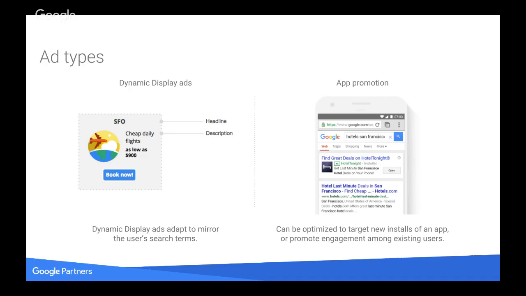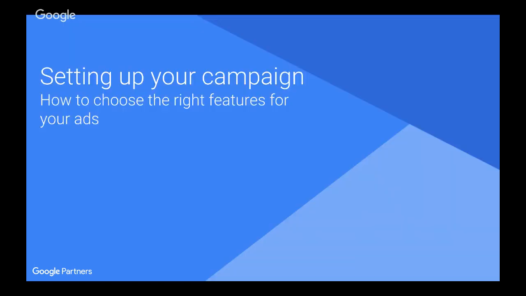So they come with a small download button along with your display creative, which users can immediately click while they're browsing on their mobile phones, and they'll be redirected to your App Store link or your Play Store link. You can also use those ads to create engagement among existing users if that's what you'd like. But they're largely also really popular as driving engagement and installs amongst new users.